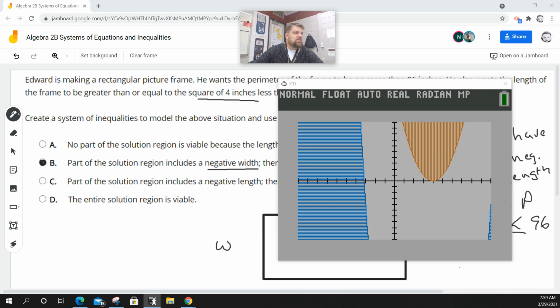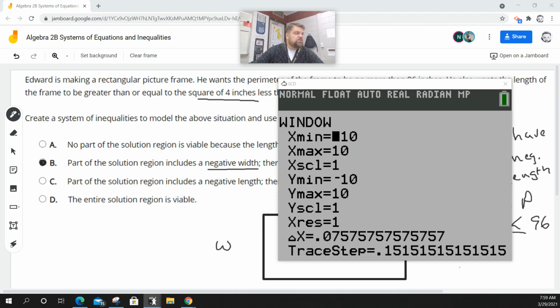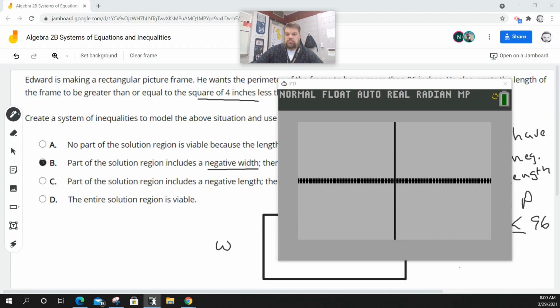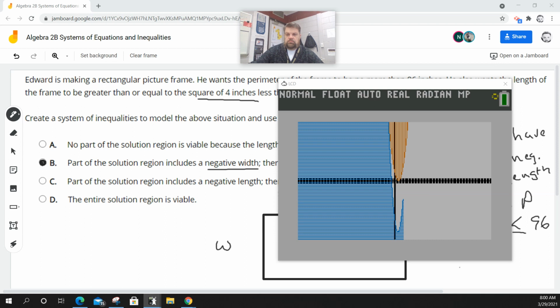Now it doesn't look like they overlap here, but if I change the window from negative 100 to 100, and my y goes from negative 100 to 100, you'll see the solutions are where the two overlap.